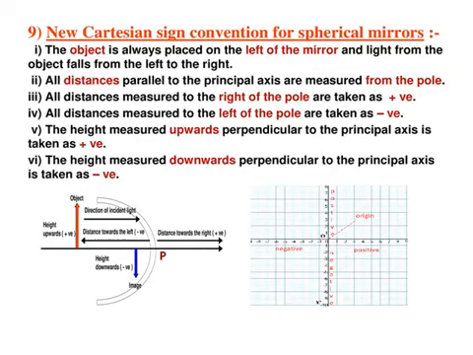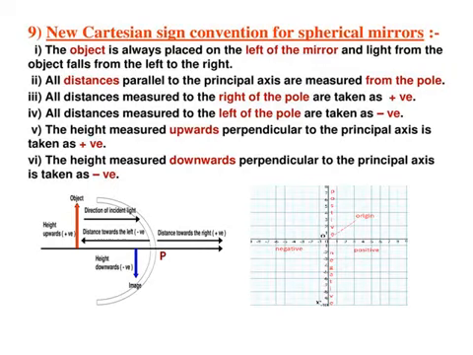And any distance which you measure on the right side of P is positive according to the graph. And any distance which you measure upward of the principal axis is plus. And any distance which you measure down of P is negative.